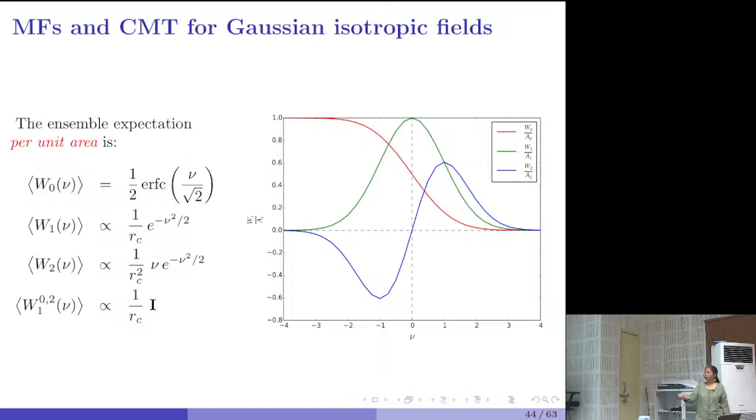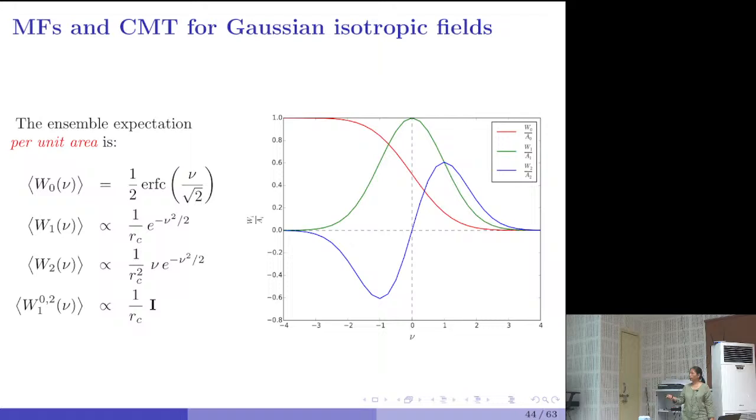So I have this quantity 1 by RC, and you can see that this is perimeter, so it has units of 1 by L because of the per unit area. And RC was defined yesterday to be sigma 0 by sigma 1. Okay, that is the typical length scale in the field. Then the counts is given by 1 by RC squared, nu times e to the power nu squared.